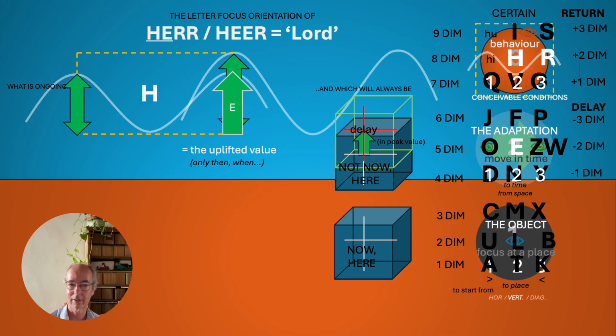It actually says, okay, now there is an uplifted value in it somewhere as well, and only when there is that uplifted value, we have the full frame. So that's the point of reach that we have. The meaning of what I want to say is defined from H to E by this uplifted value or uplifted peak value.